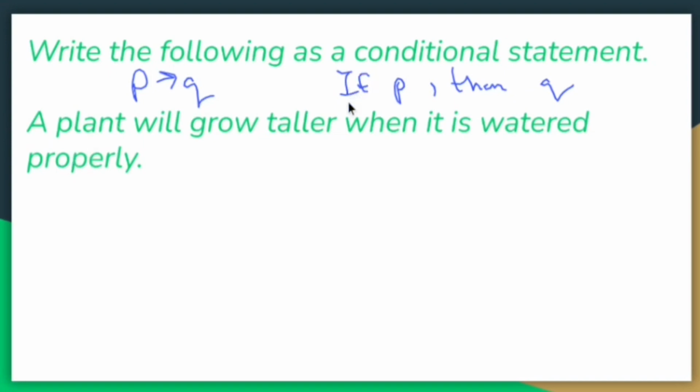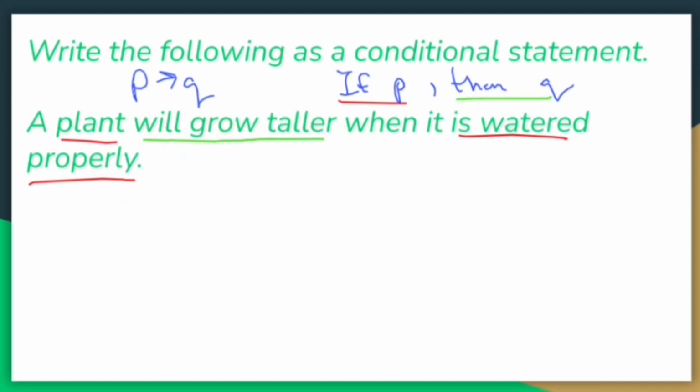That doesn't sound right. This is backwards. So our hypothesis is if a plant is watered properly. And again, the wording can be a little different, but since we're talking about plants, I want to make sure that I bring up the plant stuff first, then Q, then it will grow taller.